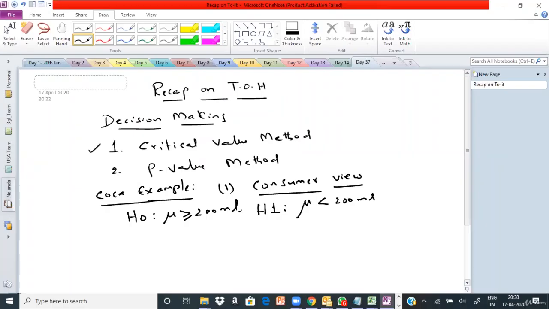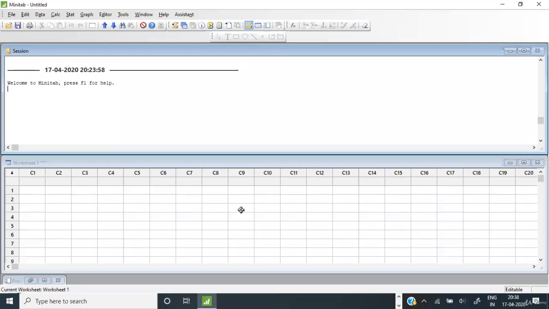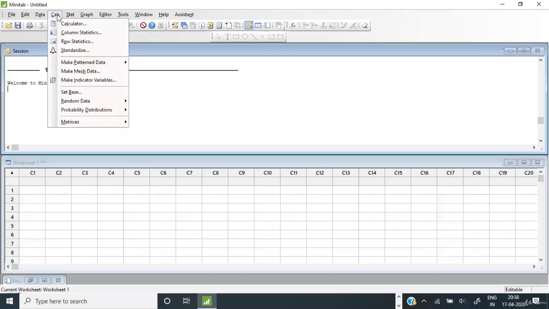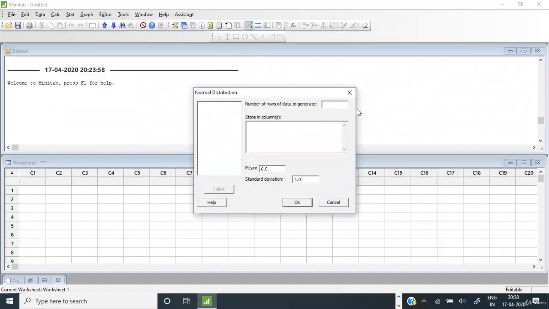So I'm going to simulate the data using Minitab. Okay, just going into Minitab. Okay, I'm just simulating the data. Calculate random data. I'm generating normal data. Normal data means n is greater than 30.